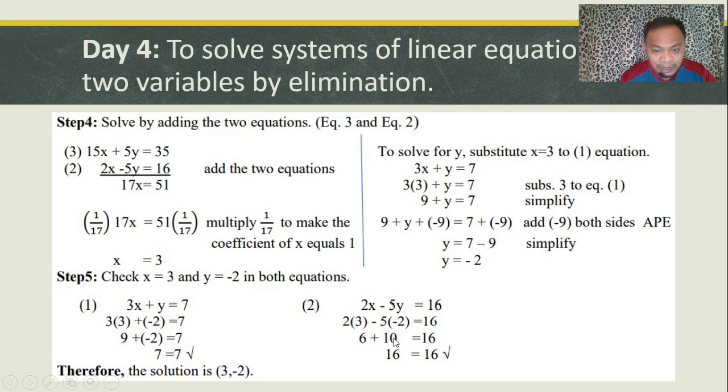So 6 plus 10 is 16, is equal to 16. So therefore, tama po yung ating ginawa. Then the solution of our systems of linear equations in two variables by elimination method is ito po siya. Therefore, the solution is positive 3 and negative 2.